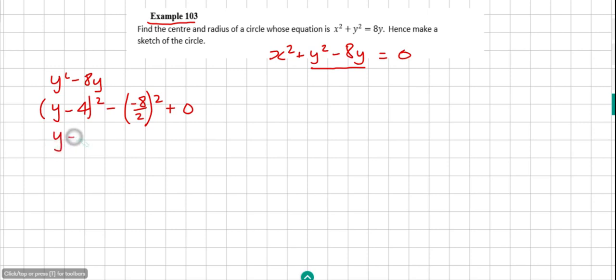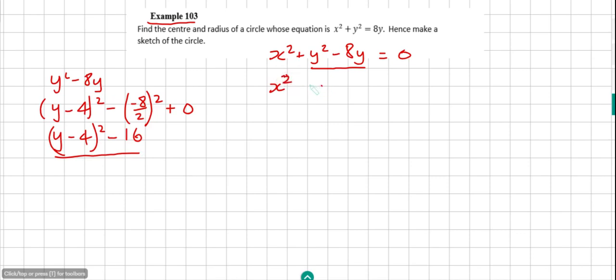So that's going to be (y minus 4) squared, and then if we half the minus 8, we get minus 4, square it, we get 16, but we're still taking it away, so it's minus 16. And we've got nothing to add there. So I'm now going to replace the y squared minus 8y with what we worked out here.